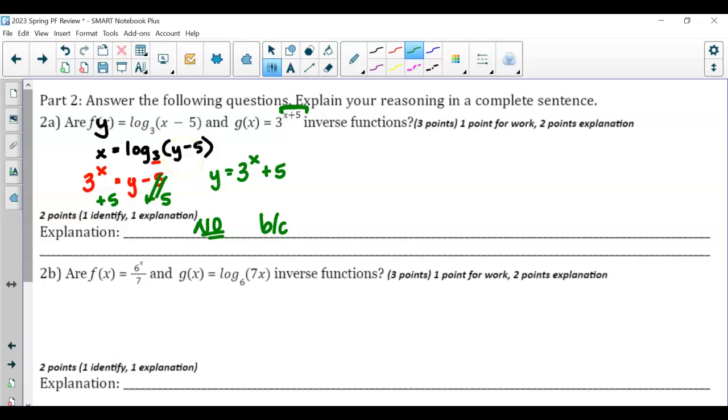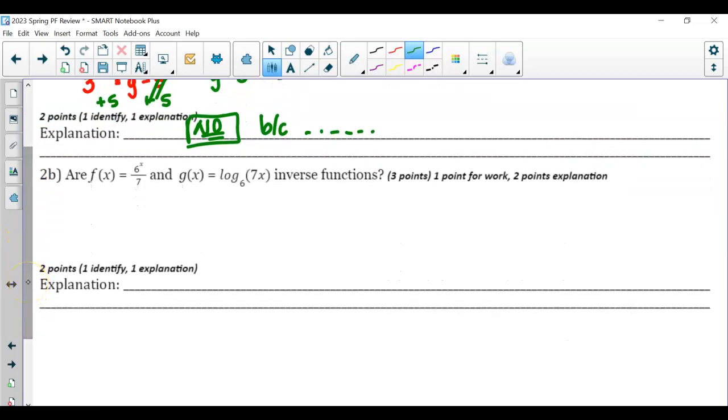Here you ended up seeing that they were not inverse functions. But of course, make sure to identify that they were not, and then why. So you can go with your explanation all different ways. I'll do the same thing for 2b here. I'll go same direction. So here I've got my log. Now I'm going to say that, again, this is y.